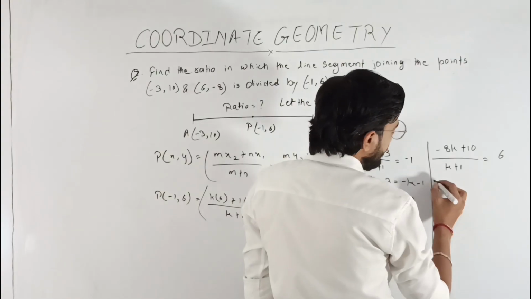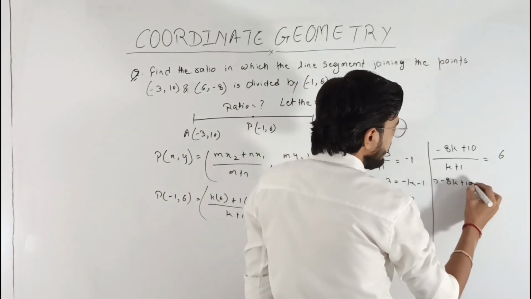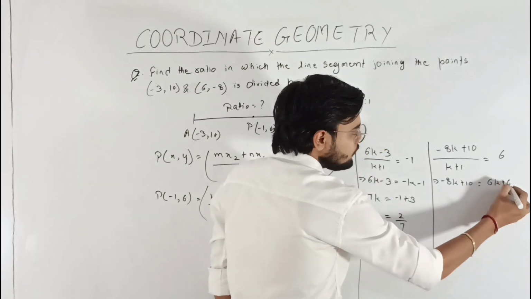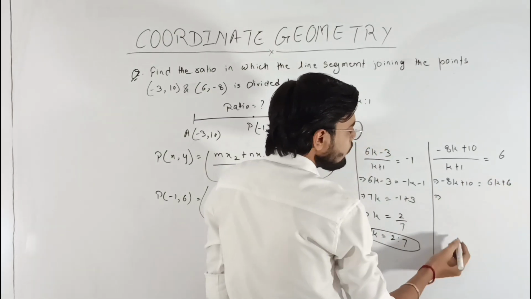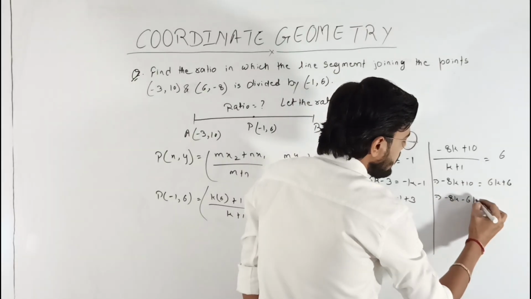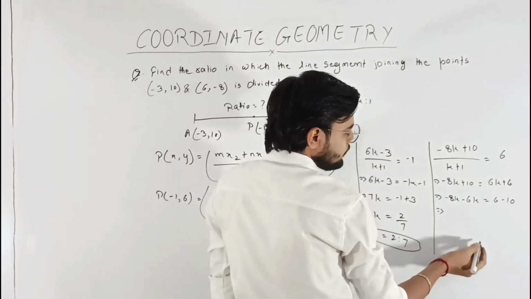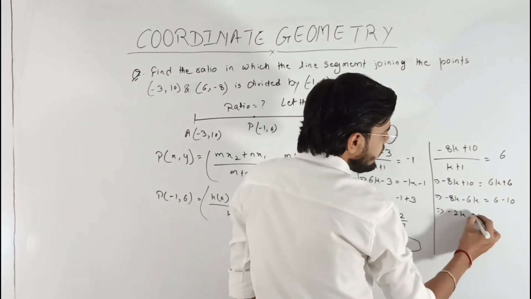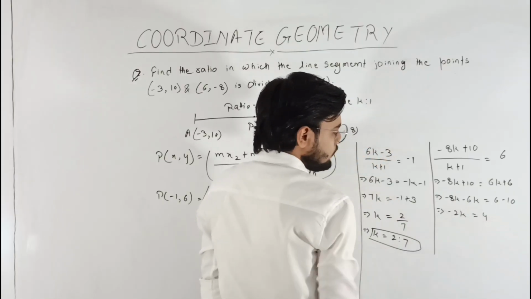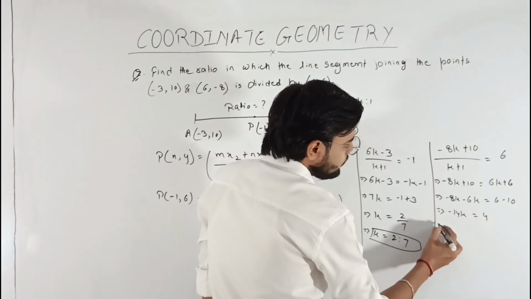Now we have to solve this one also. So minus 8k plus 10 is equal to 6k plus 6. Now this is minus 8k, this minus 6k is equal to 6 minus 10. So this becomes minus 14k is equal to minus 4.